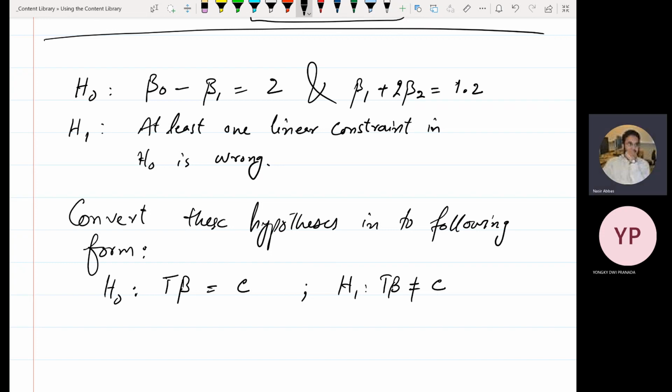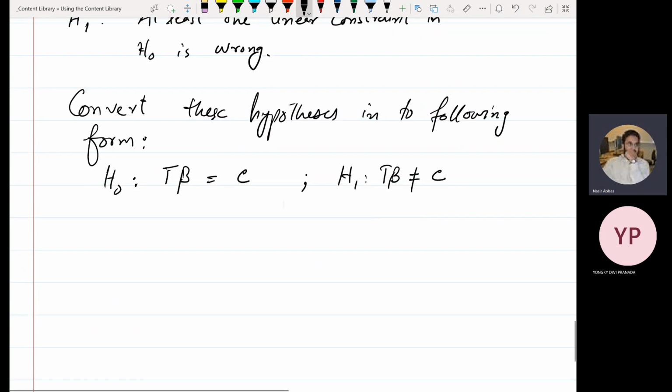Now I'll tell you how I can define my T and C in such a way that this first condition will be covered within the T and C. Now tell me, how do we write beta? For this example, we have how many betas? Beta naught, beta 1, and beta 2. So here it is, beta naught, beta 1, beta 2.